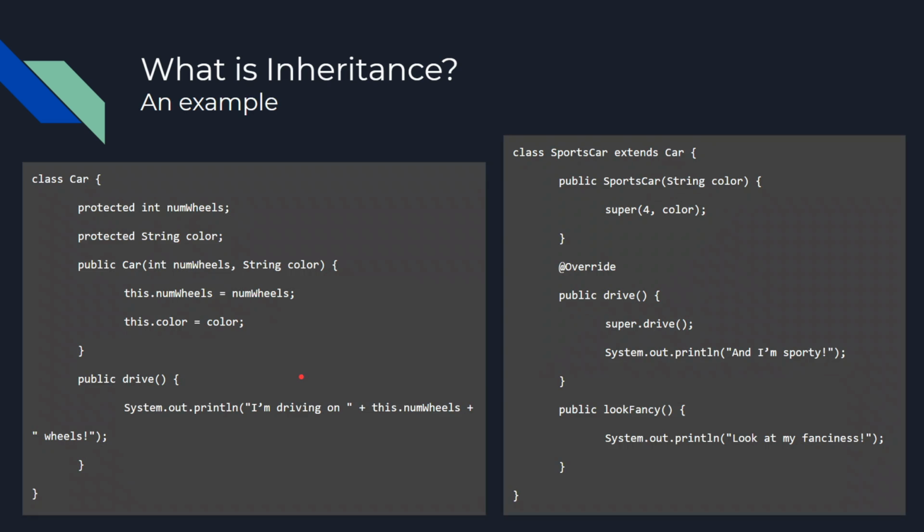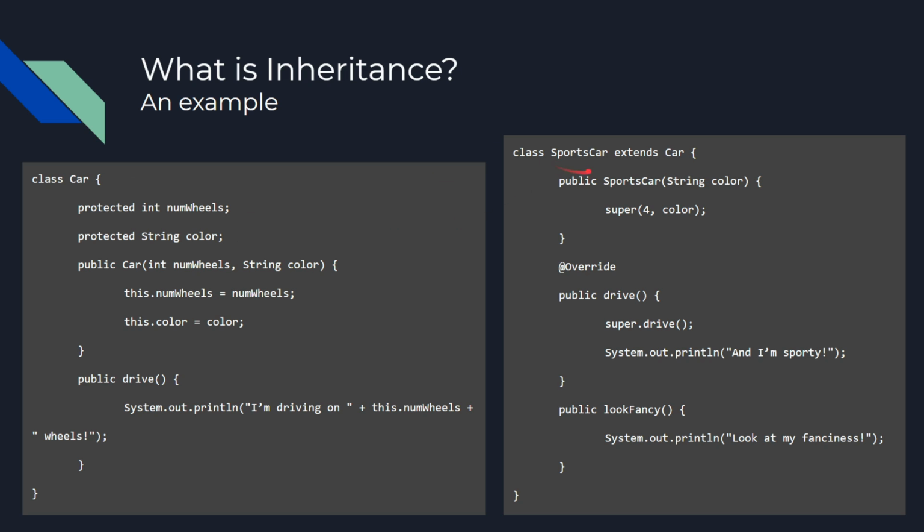So if we have a class called car, and it has all these different variables and methods here, sports car will automatically get those, okay? Sports car will have a variable called num wheels. Sports car will also have a variable called color.